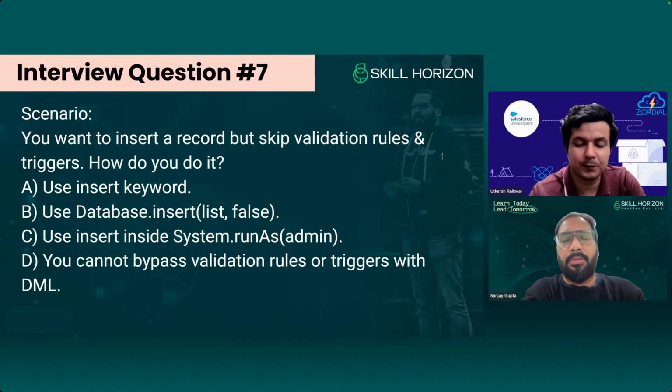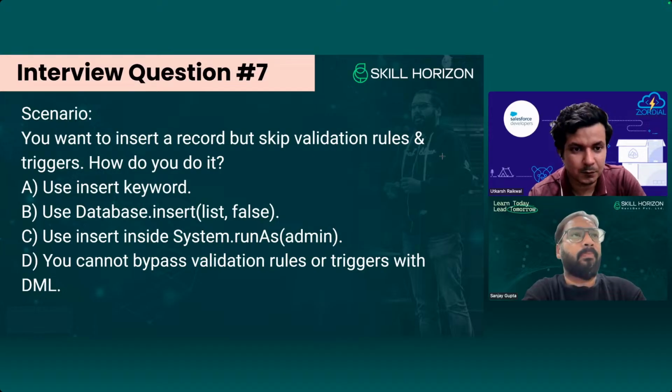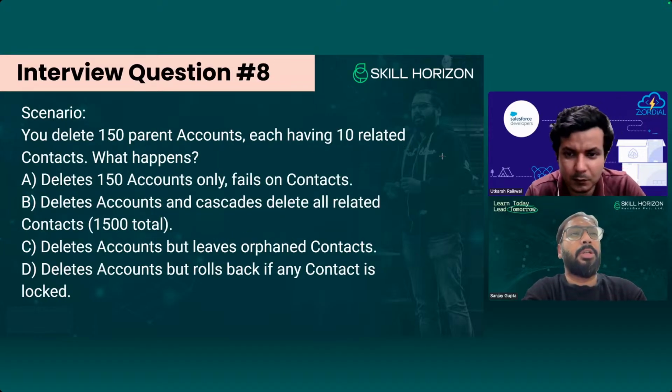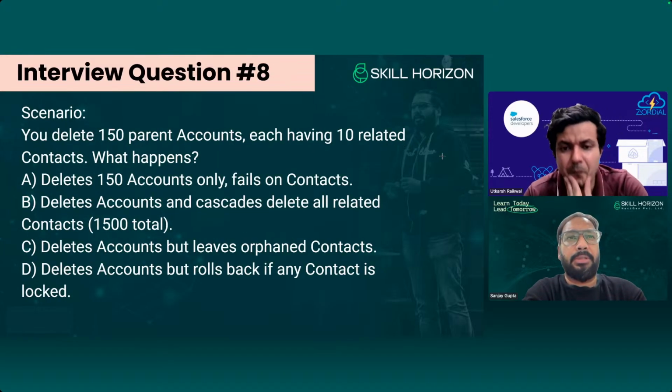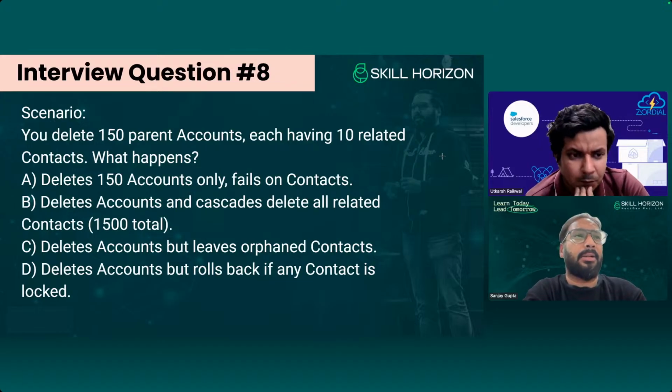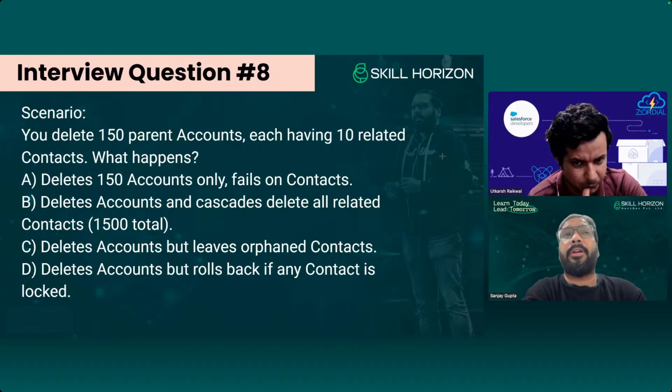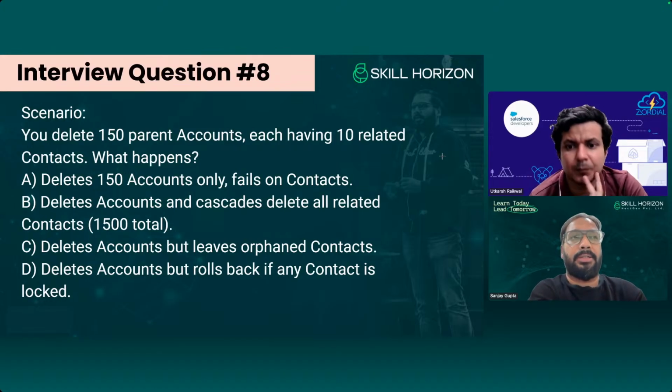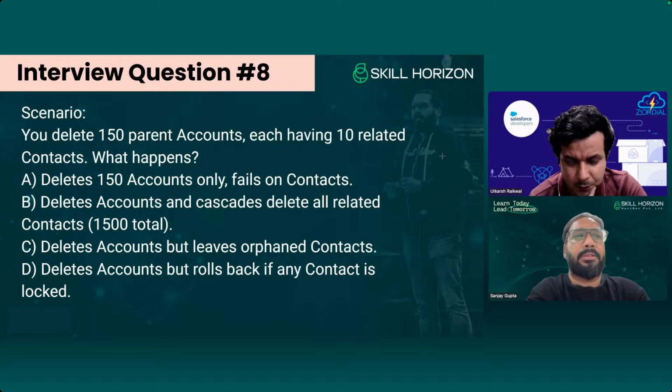Okay, next question, number 8. You delete 150 parent accounts, each having 10 related contacts. What happens? A says deletes 150 accounts only, fails on contacts. B says deletes accounts and cascade deletes all related contacts.